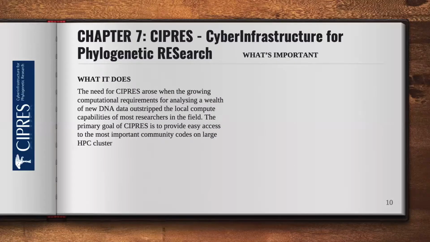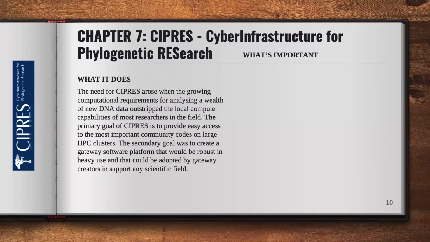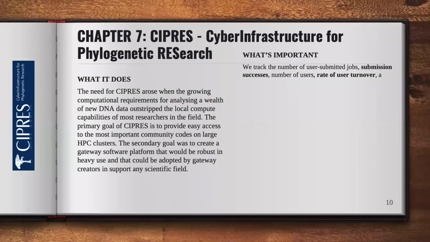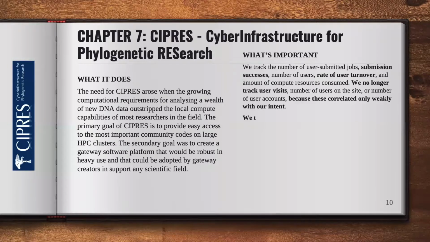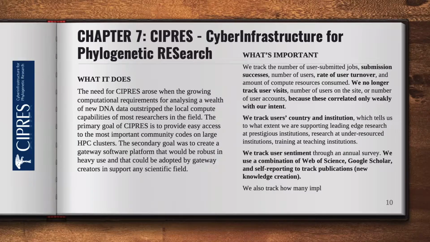Cypress Science Gateway. An HPC gateway allowing users access to high-end computing to run phylogenetics jobs. One of the things I thought was interesting about Cypress user metrics was that they stepped away. So Mark says, we no longer track user visits, number of users on the site, number of user accounts, because these don't correlate strongly with our intent, our goals.